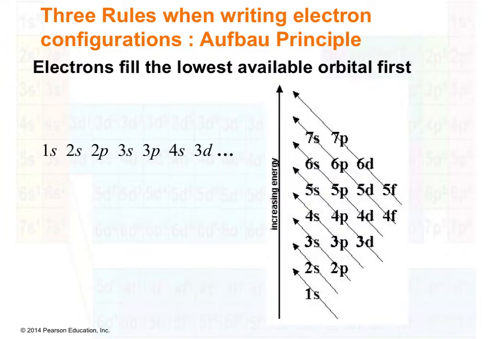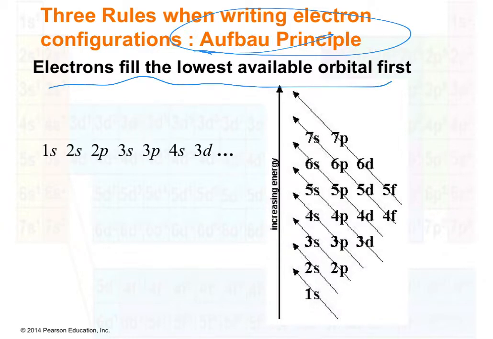All right, so there are 3 rules that must be followed when writing out electron configurations for the electrons in an atom. The first rule is called the Aufbau principle, and that simply tells us that electrons will fill the lowest available energy orbital first.